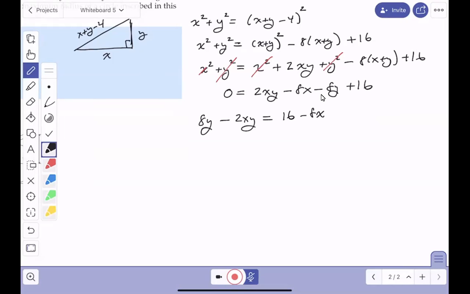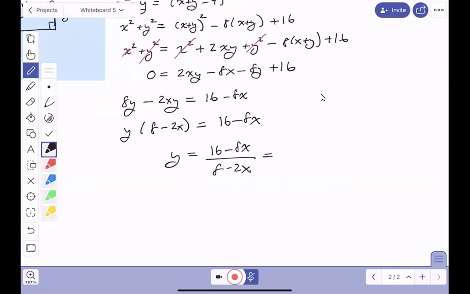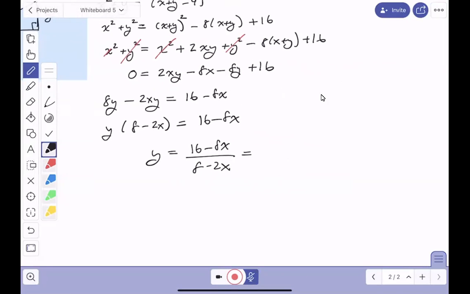I'm going to factor out a y, and you get 8 minus 2x equals 16 minus 8x, so y equals 16 minus 8x over 8 minus 2x. I'm going to reduce it by dividing through by 2, and you get 8 minus 4x on top and 4 minus x on the bottom.